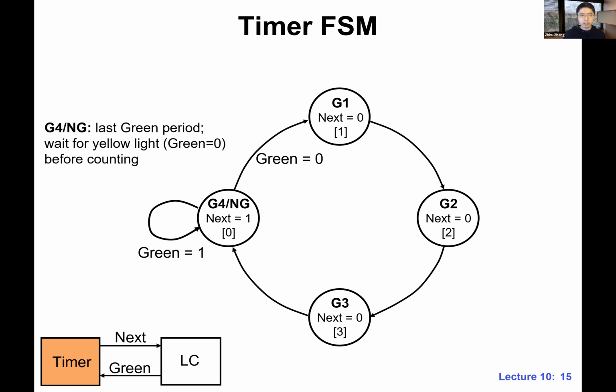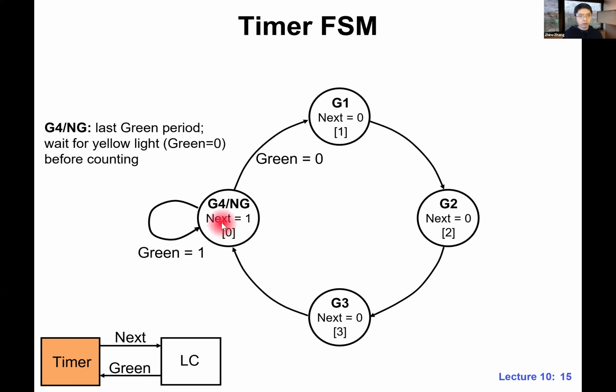I guess this is why, Alma, you were asking, why are we not having 5 states? This is actually the trick. We stay in this G4/NG state for 2 cycles. In both cycles, we output next to be 1.